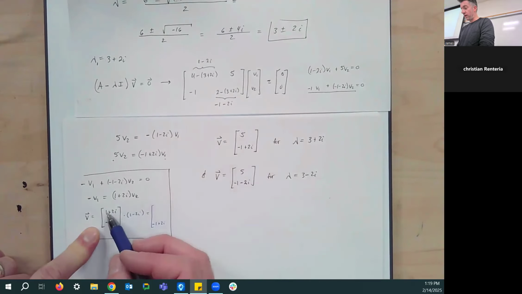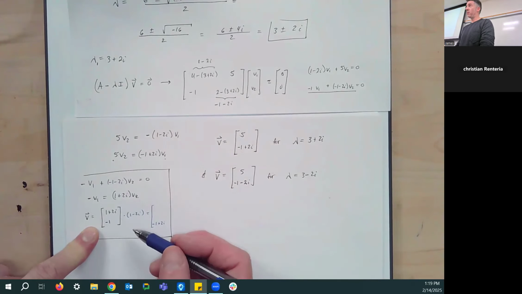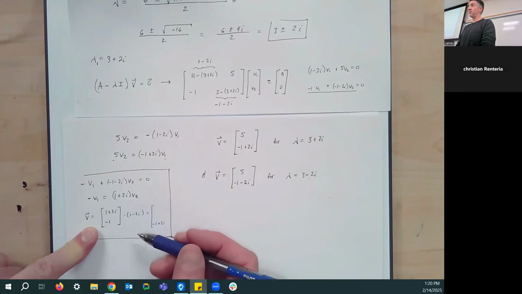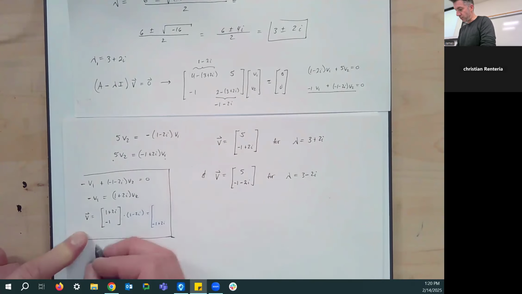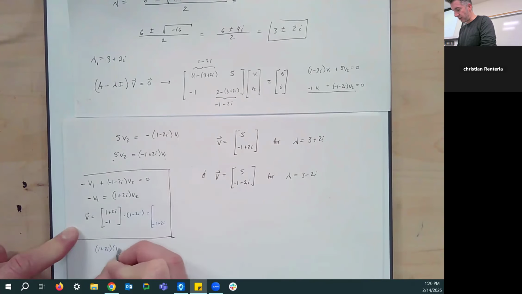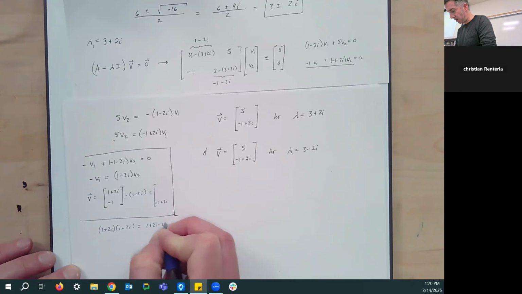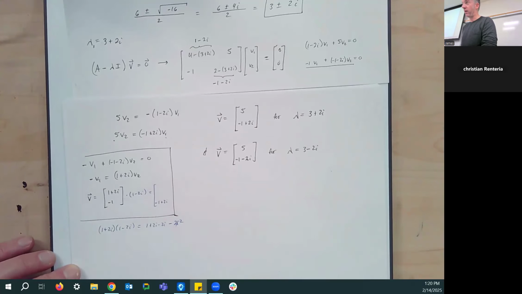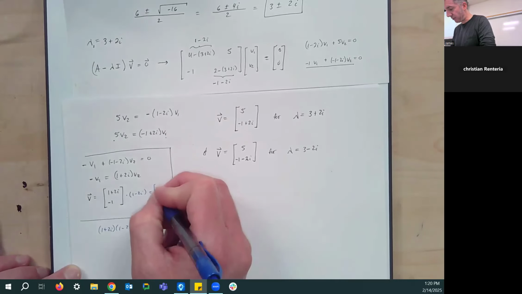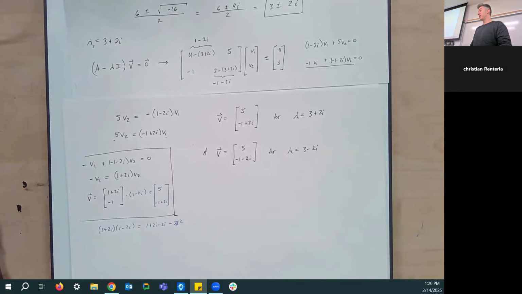And then 1 plus 2i times 1 minus 2i is going to be 1 plus 2i minus 2i minus 4i squared. But 4i squared is negative 4, and minus negative 4 is plus 4, and 1 plus 4 is 5. So either equation you use is going to give you the right eigenvector. They might look a bit different because they're multiples of each other, and the multiple is usually an imaginary number, but they're still the same enough.